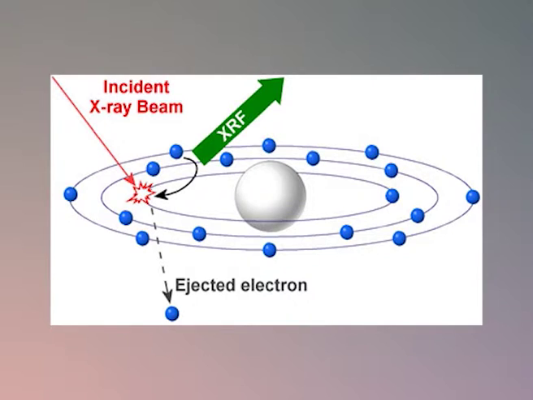These highly energetic rays are strong enough to remove even the tightly bound electrons. After the electrons are removed, the electronic structure of the atoms becomes unstable, and as a result, the electrons from higher orbital level will jump to the lower orbital level. Now, this causes the elements in the specimen to emit or fluoresce their characteristic X-rays, which are secondary X-rays.